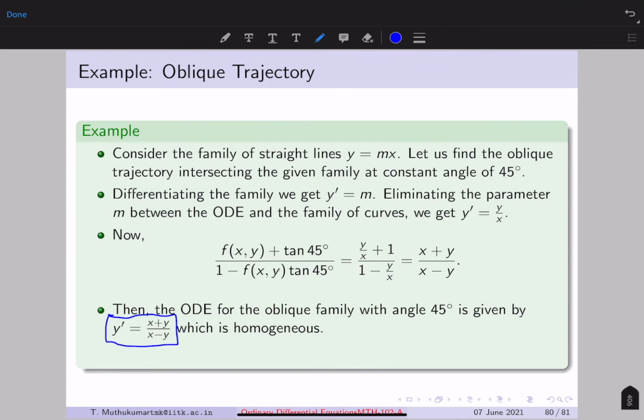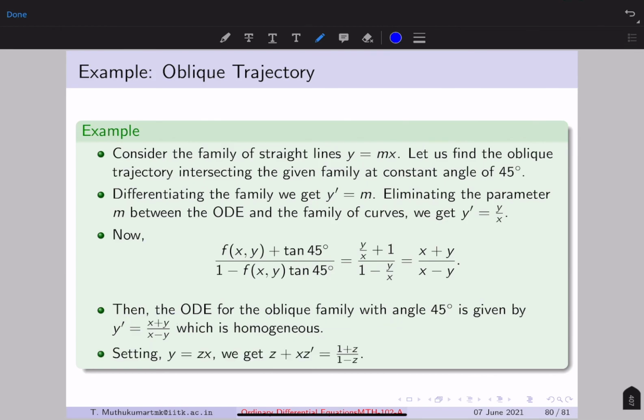This is the ODE that will give you the family of curves which will intersect the given family at the angle 45 degrees. Right, now this ODE is homogeneous. Both numerator and denominator have the same homogeneity degree, and they cancel out. So it's a homogeneous ODE.